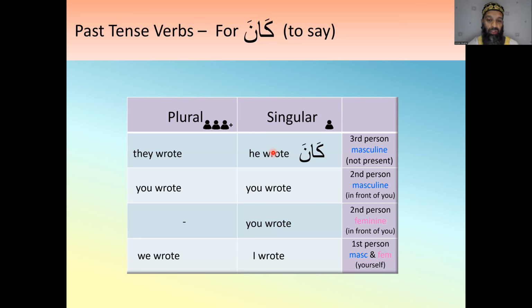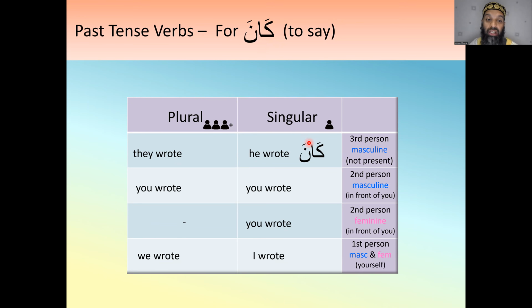So how do we say they were? Kataba became katabu. Now the thing with kana and qala is that they both have an alif in the middle, so the adjustment is likely to be the same as well.